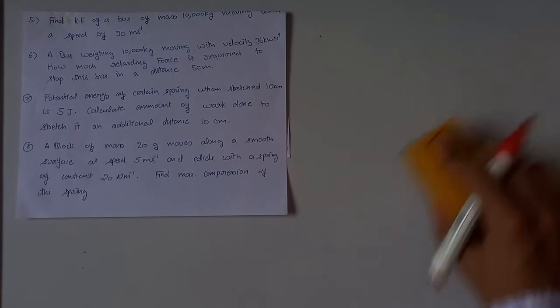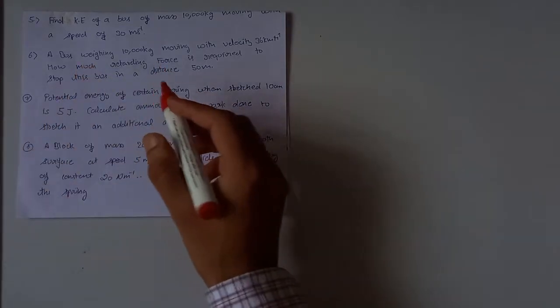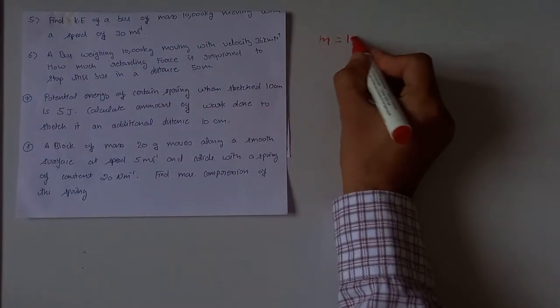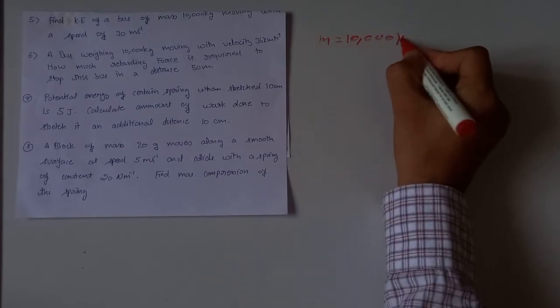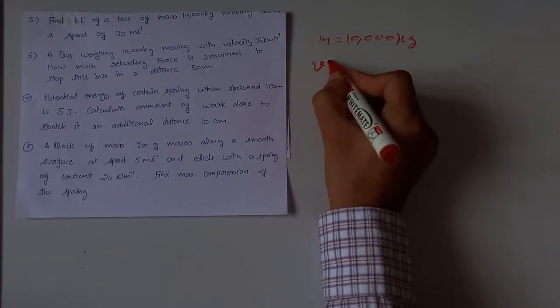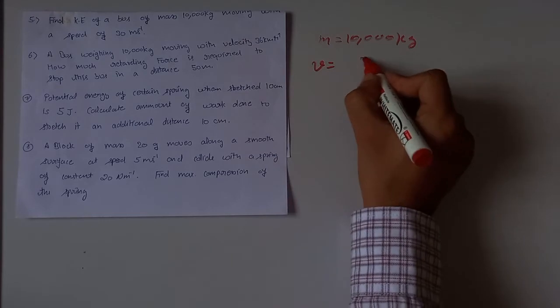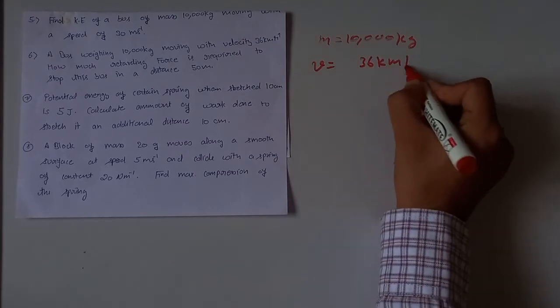Our next numerical is: a bus weighing 10,000 kg. The mass of the bus is equal to 10,000 kg, moving with a velocity of 36 km per hour.